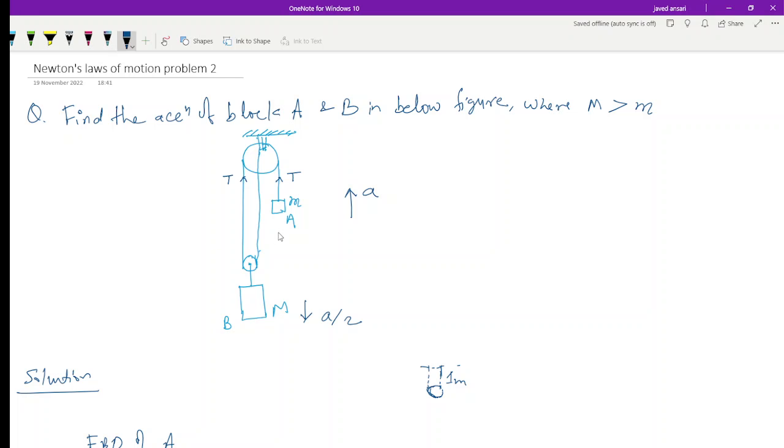See, this pulley is fixed to the fixture, right? So this is T, this is T, and then this is passing through the center of mass, so it will not apply any rotational force to this pulley, but it is still pulling this downward, right?